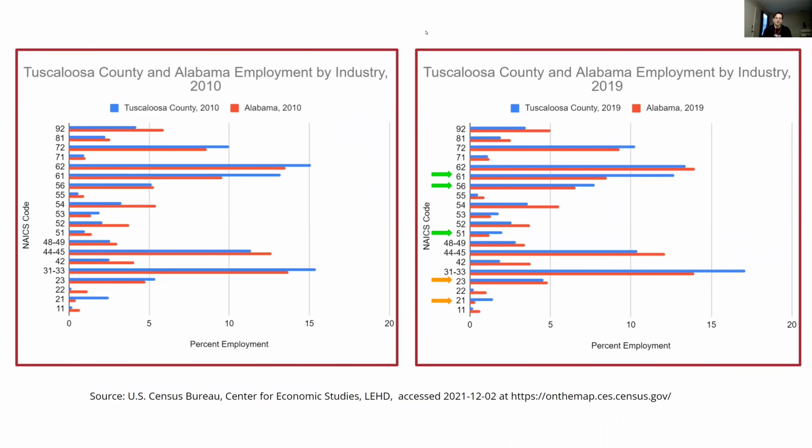So these bar charts illustrate the change in location quotient from 2010 to 2019 in Tuscaloosa County. I've added some color-coded arrows to the figure on the right, with the green arrows indicating the industries with the largest location quotient increase, and the two orange ones indicating those with the greatest decrease.